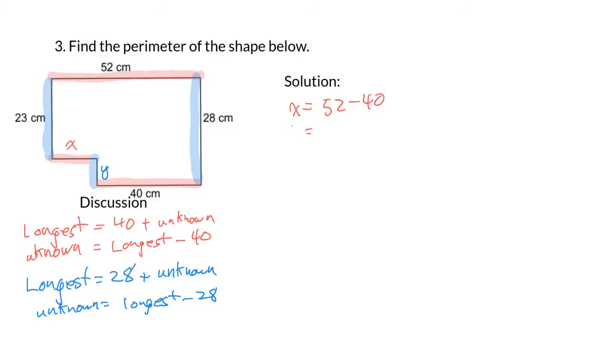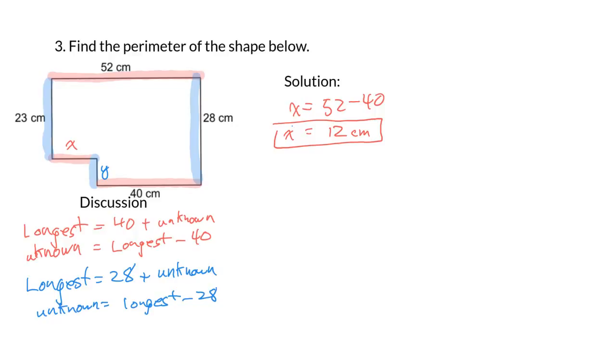And where did I get the 52? I got the 52 from the longest side that's parallel to X and 40. And all I do is go 52 minus 40 to get this part here. So 52 minus 40 is, you guessed it, 12. And that's 12 centimeters. So X is 12 centimeters.